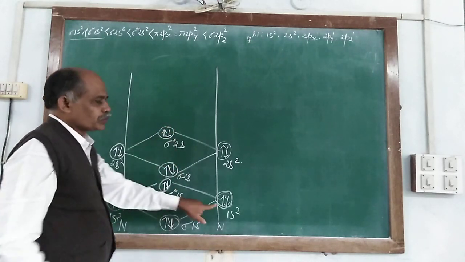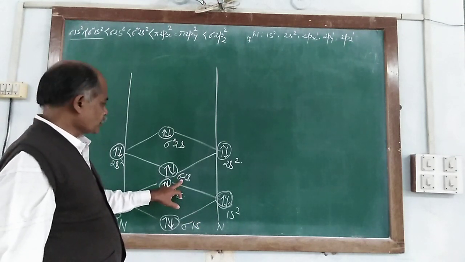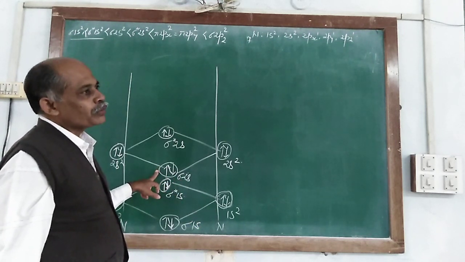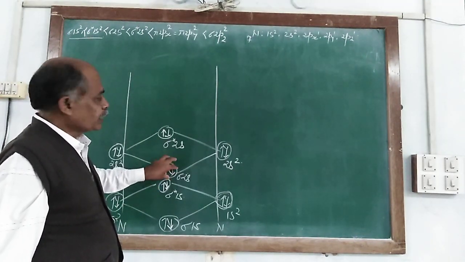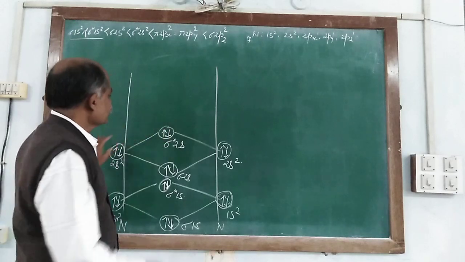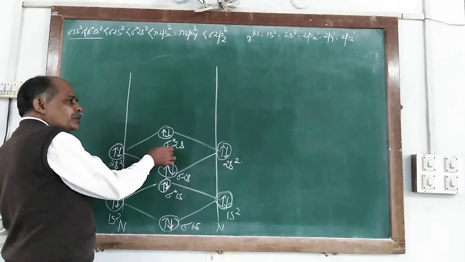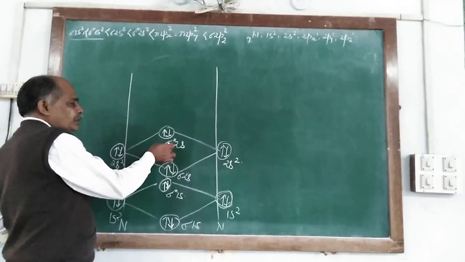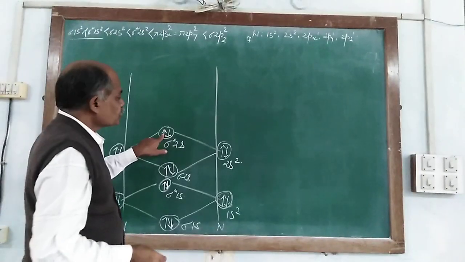So the sigma 2s bonding molecular orbital accommodates 2 electrons, and similarly the sigma star anti-bonding molecular orbital also accommodates 2 electrons.